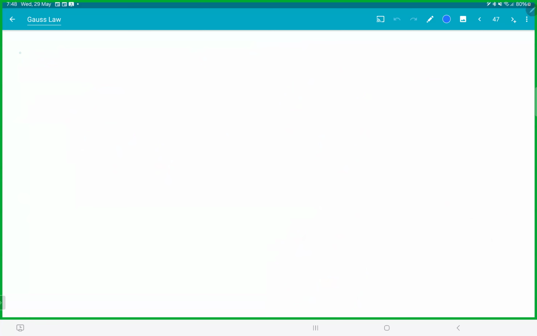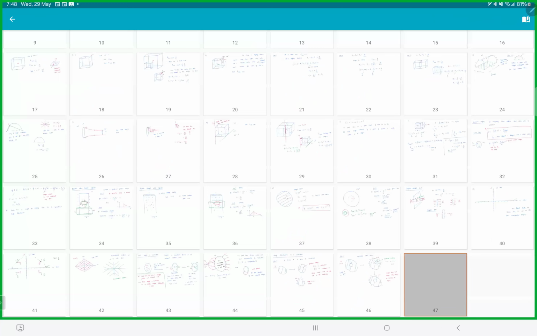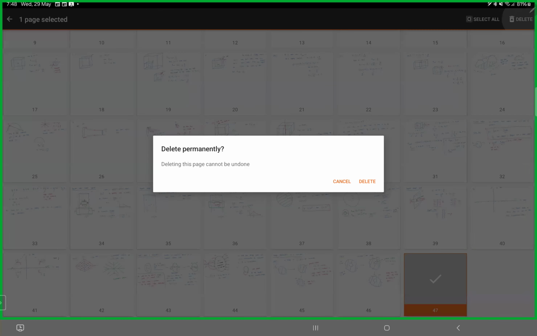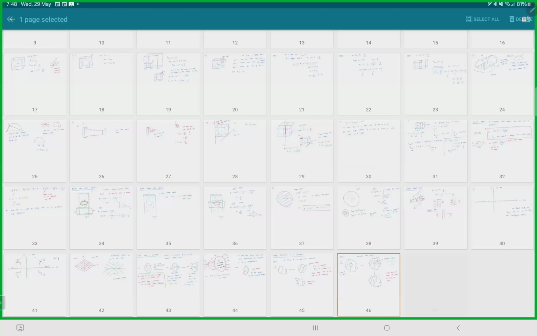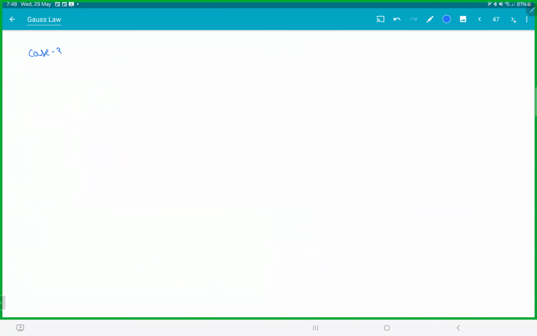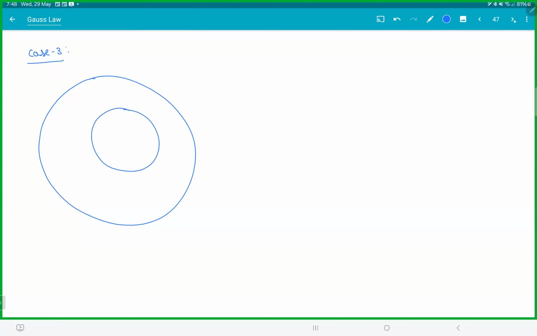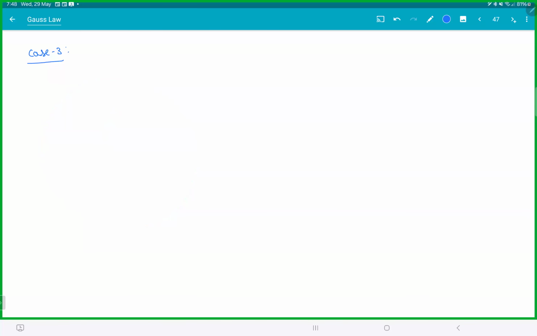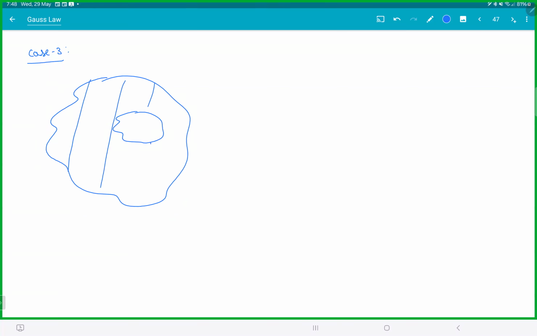Case 3. What if you take a conductor with a cavity? Let's take some random cavity actually. Let's take a random conductor with a random cavity, or else you will think it is only valid for spheres.